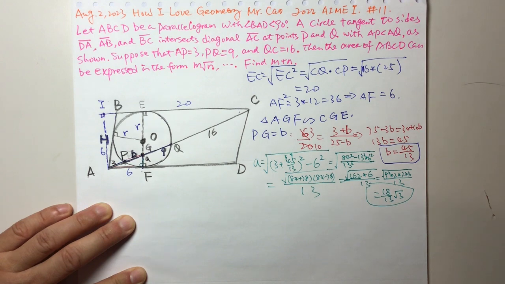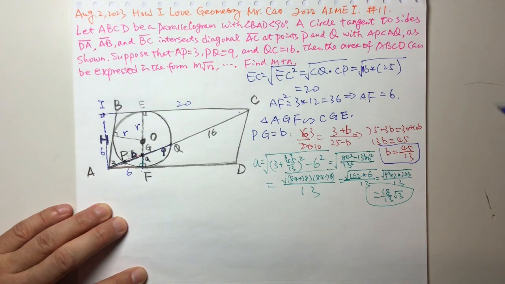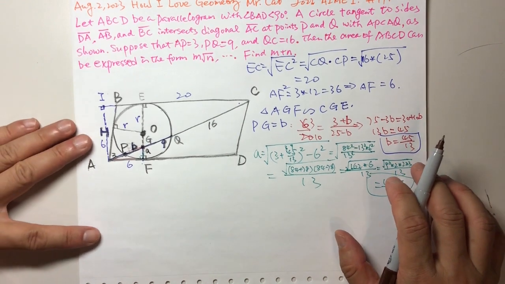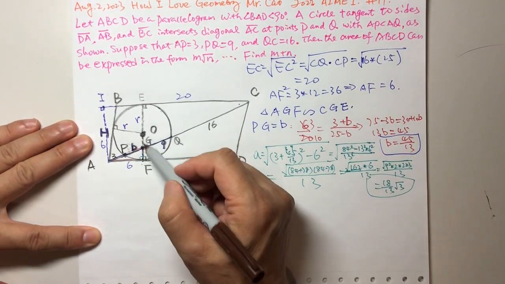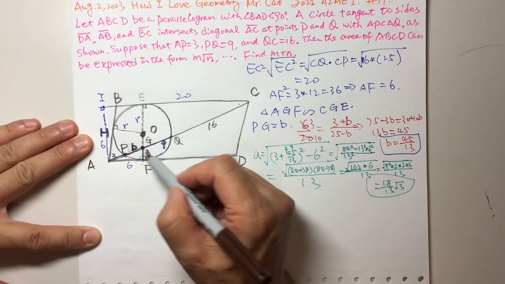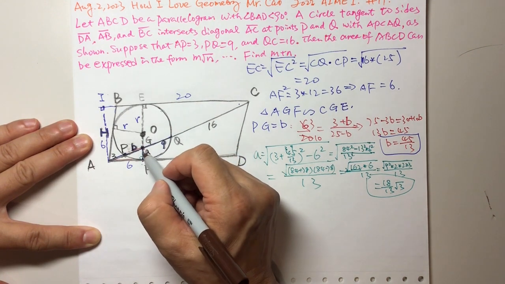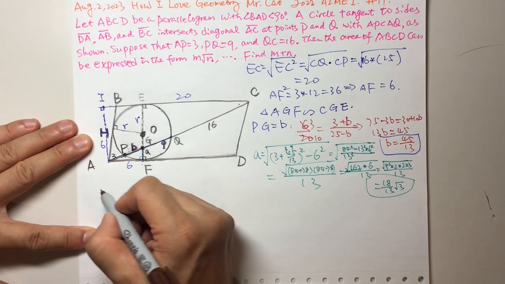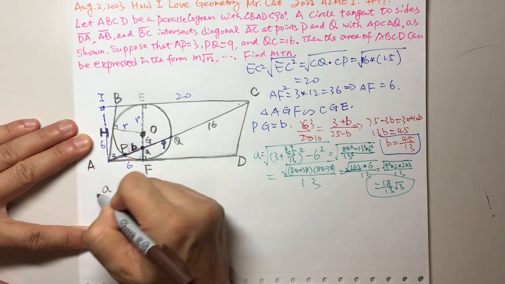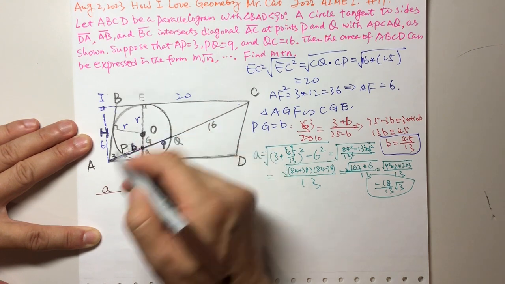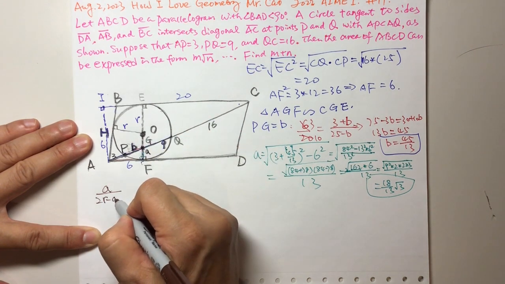So we will find the next one, and now we will use the similar triangle, this similar triangle, to find r, because we know b and a. So in the triangle, we know this a over this is r, another r, 2r minus a.